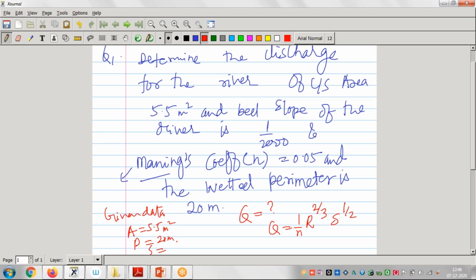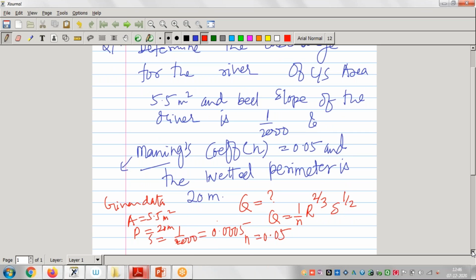Bed slope S is given 1 upon 2000, which is 1 divided by 2000, that is 0.0005. And Manning's coefficient is 0.05. So we will put the values and get the discharge.